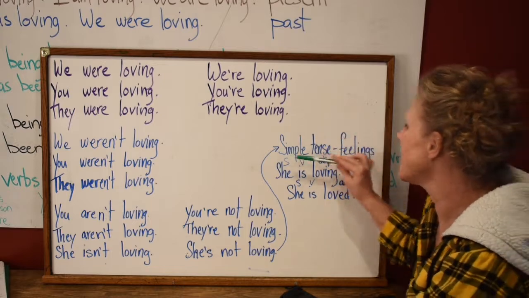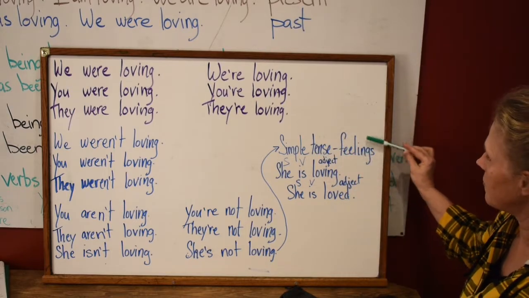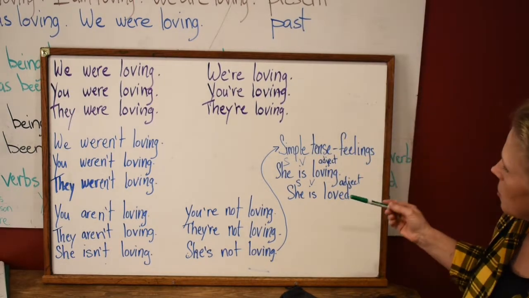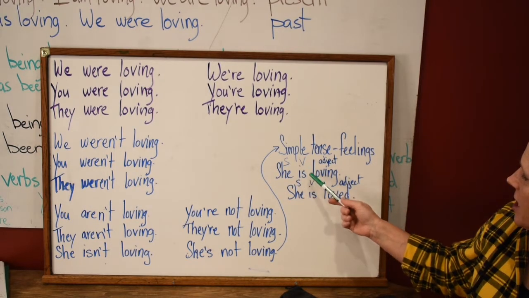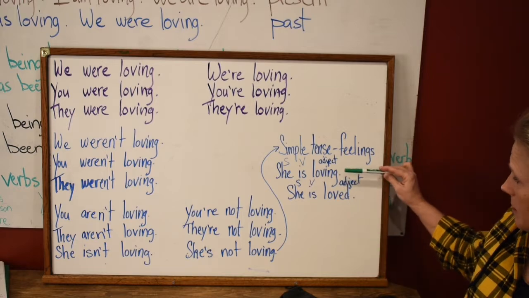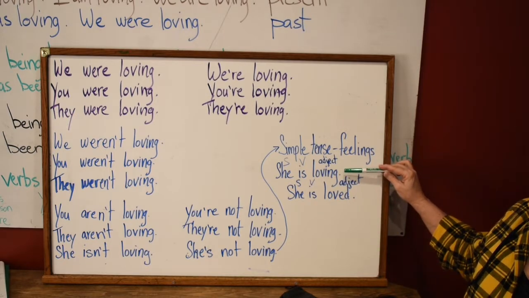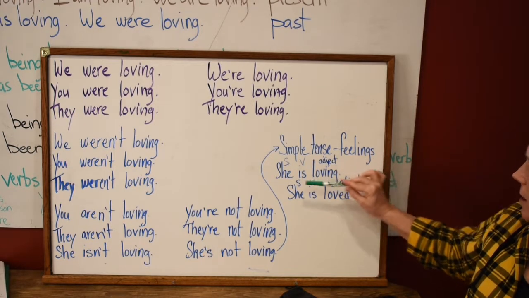So our simple tenses, they can have feelings, right? So this can be sometimes a little bit confusing. "She is loving." Could this be an adjective? Most people say that is a verb.